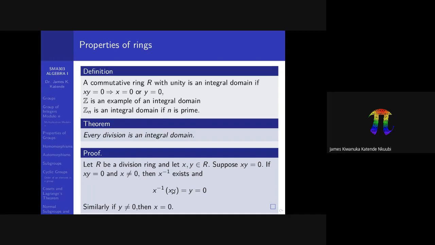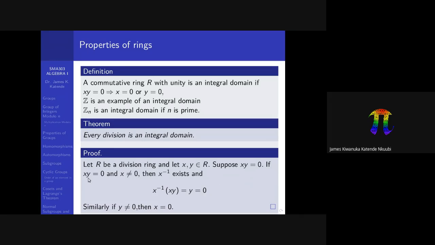When you multiply x inverse by xy, x inverse and x will give us 1, and then 1y will give us y. But if you multiply the right side by x inverse, you still get 0, because we saw earlier that if you multiply any element in a ring by 0, you will get 0. So if x is not 0, it turns out that y will be equal to 0.